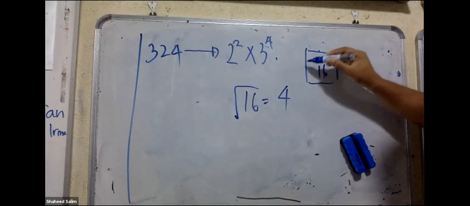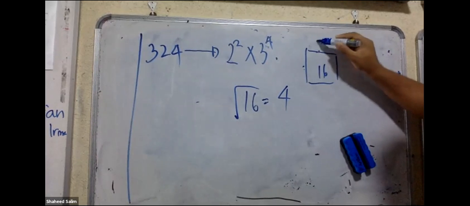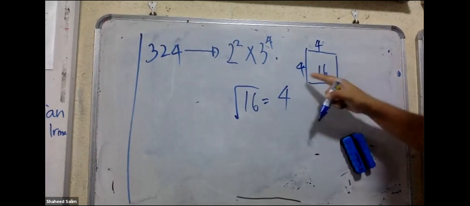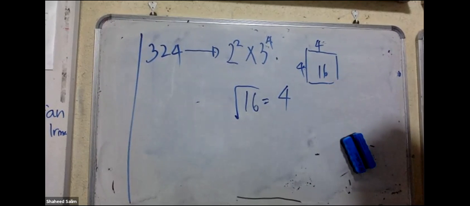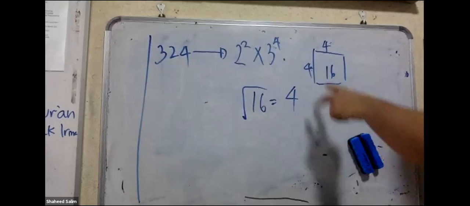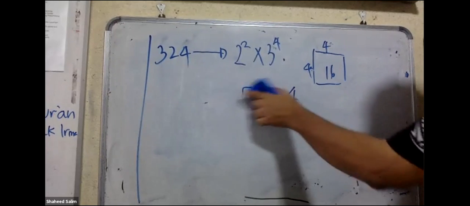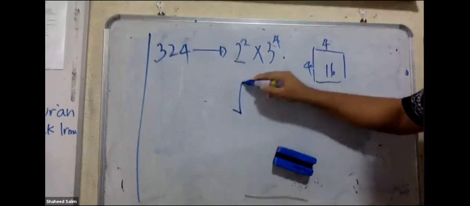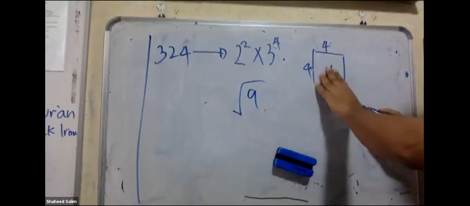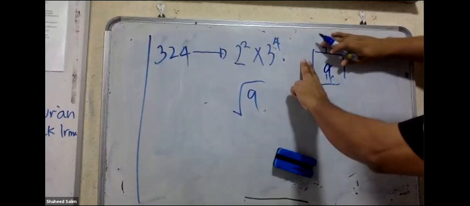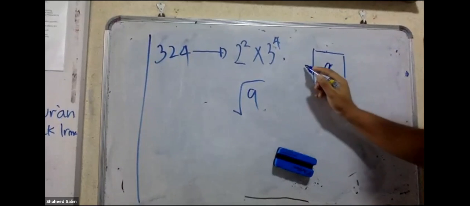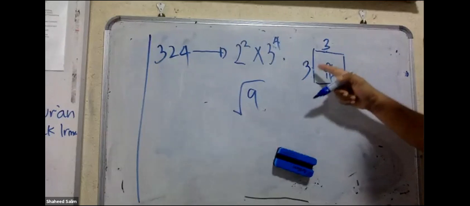I ask what number times itself gives 16. 4 times 4: the same number times itself, I get 16. So I need two numbers that are the same, multiplying itself. Next example, 9. Square root of 9, 9 must be what times what, Edmund? Same number. 3 times 3. So can you see, same number times itself?